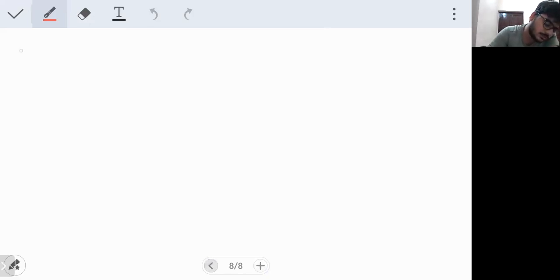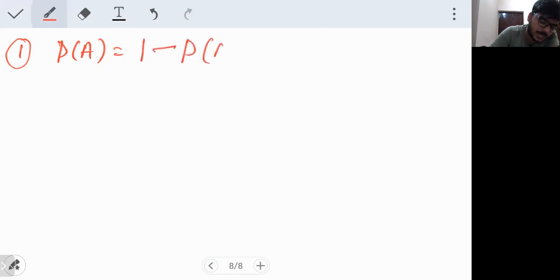So let's talk about the first theorem, that is, the probability of A is equal to 1 minus the probability of A dash. We have to define this. Now, how to define this? We need to understand how we can define this. For that, we need a sample space.